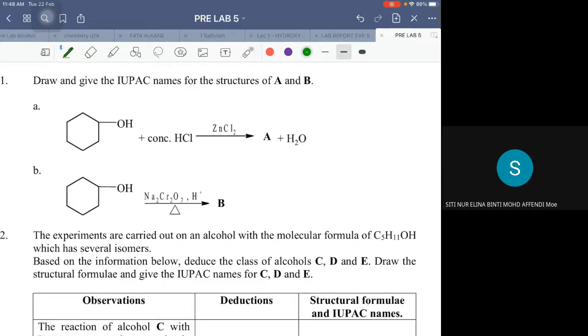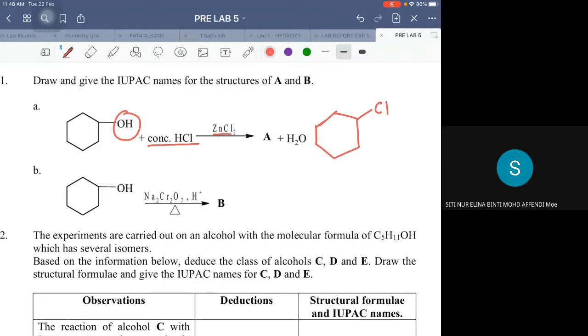Oh, ni produk dia. Okay, so sekarang apa yang terjadi? Ini Lucas lah, untuk Lucas. Lucas reagent consists of concentrated HCl dan ZnCl2. So apa dia buat adalah OH ni dia substitute. OH ni dia substitute. So kita akan dapat structure A like this. OH dah keluar, Cl yang masuk. And then you nampak ni, OH keluar.